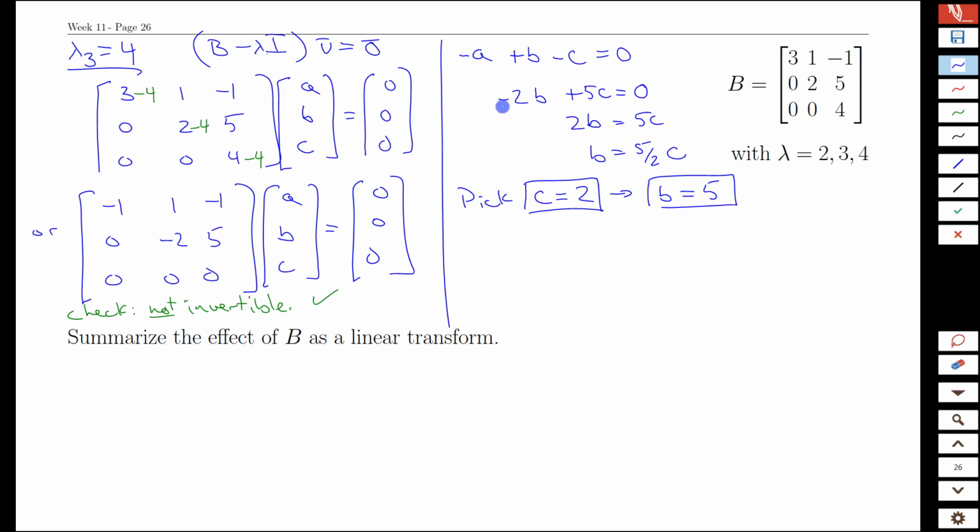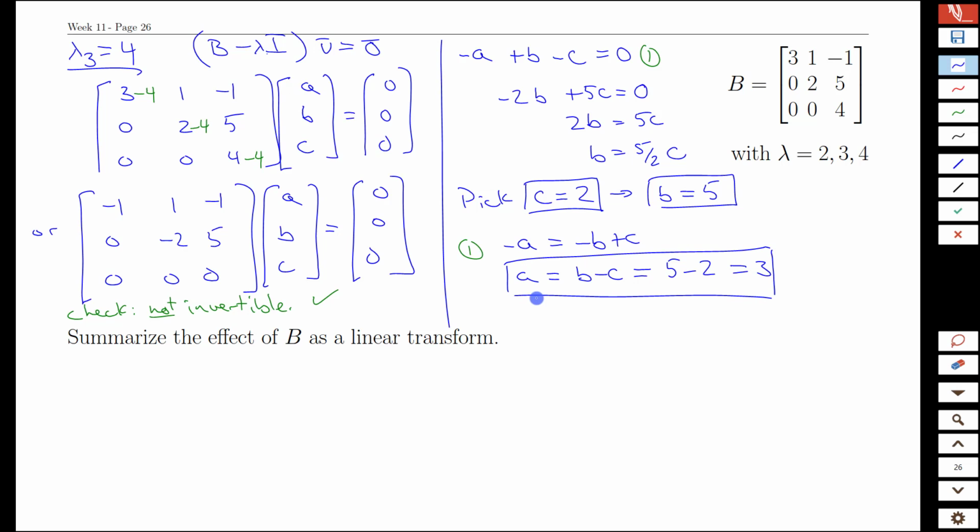And then the first equation is going to give us minus A is minus B plus C, or A is plus B minus C. B is 5, minus 2 for C, that's going to be 3. So A is 3.